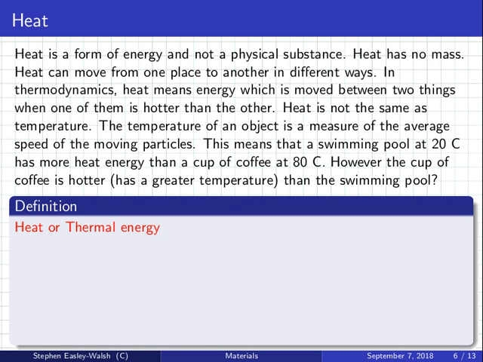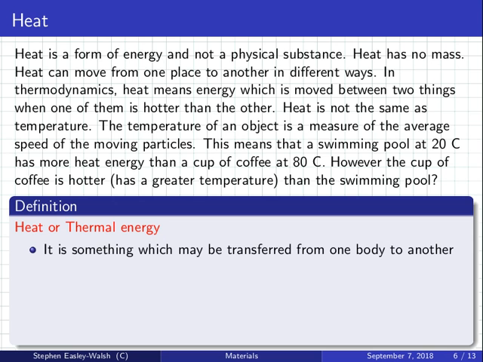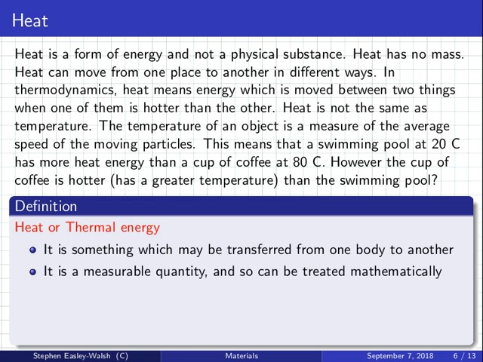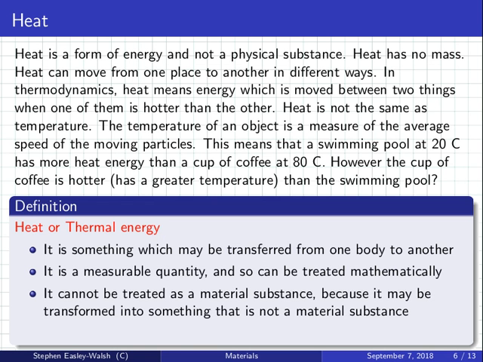So just to be clear, heat, also called thermal energy, has some properties. You can transfer it from one material to another material. You can measure it, and it's not a material. Heat is not like a thing you can hold. And heat is a form of energy. So here are some properties of heat.